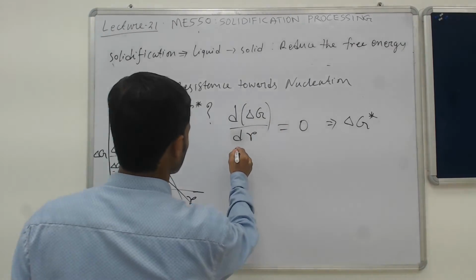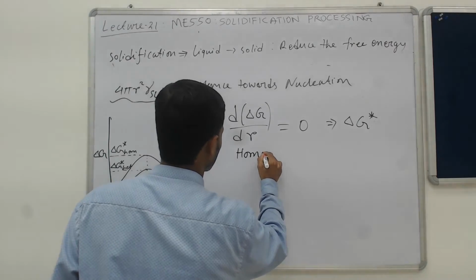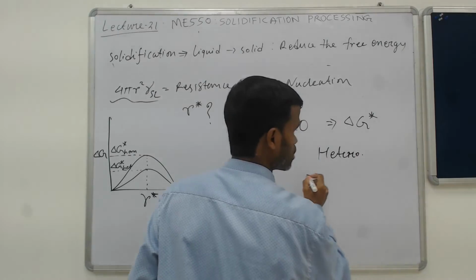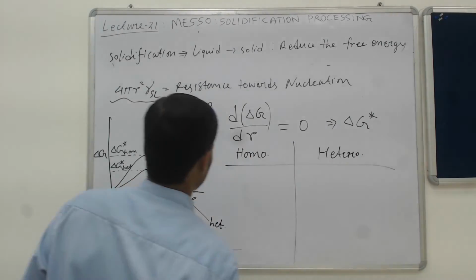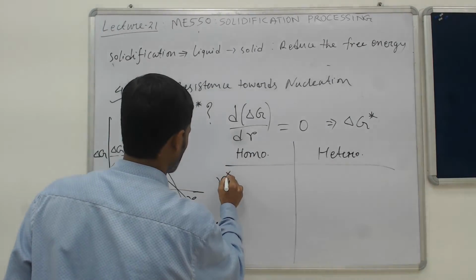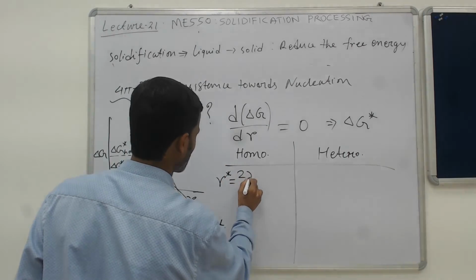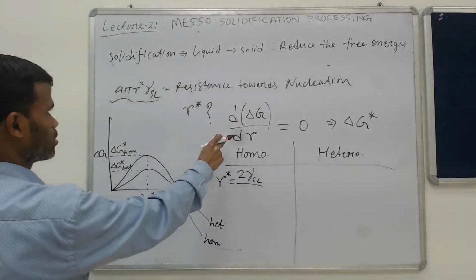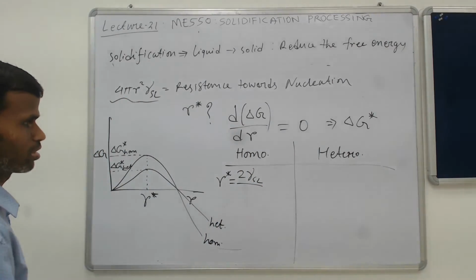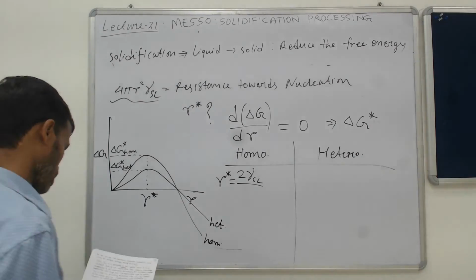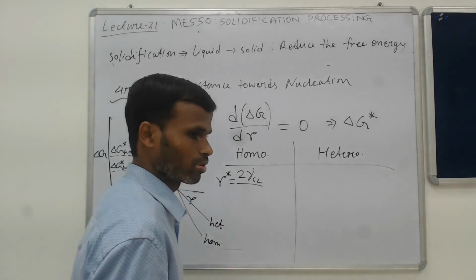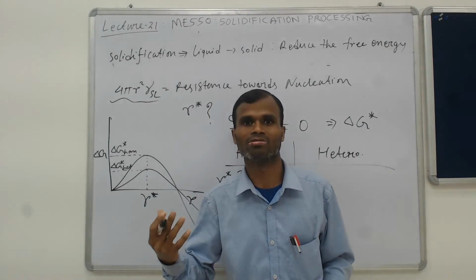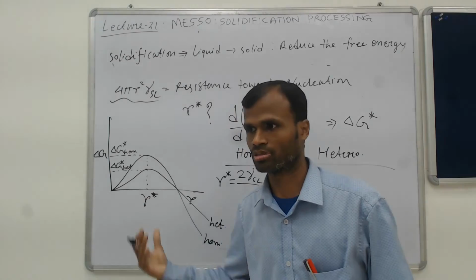So I am writing down the equations for homogeneous nucleation and heterogeneous nucleation. For homogeneous nucleation, R star is given by 2 gamma SL by delta G V. You can try to do this. We have already done these things earlier in the class, but for the sake of a smooth continuation of the video lectures, I am making this again.